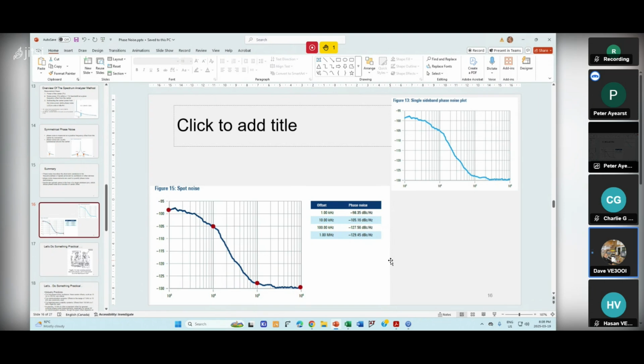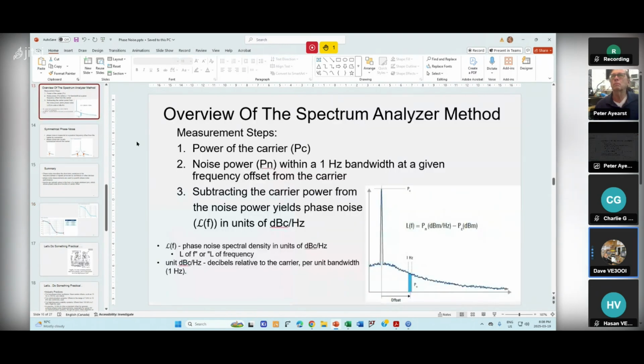Now that I think about it, Peter, go back to that chart where you got the little blue 1 hertz. I think Michael's right. If you look at the noise there, it's got nothing to do with the carrier. You're just relating the noise relative to the strength of the carrier. The lower that carrier is, the worse your signal to noise ratio is.